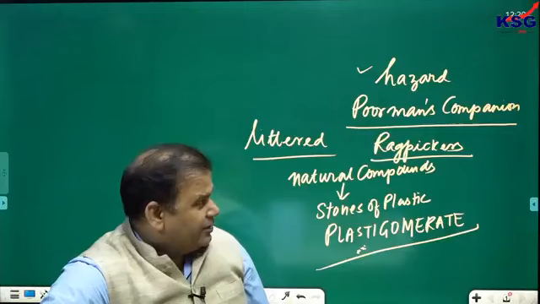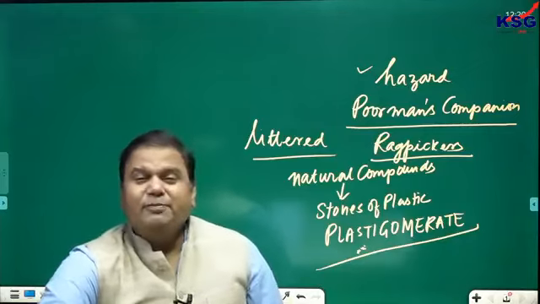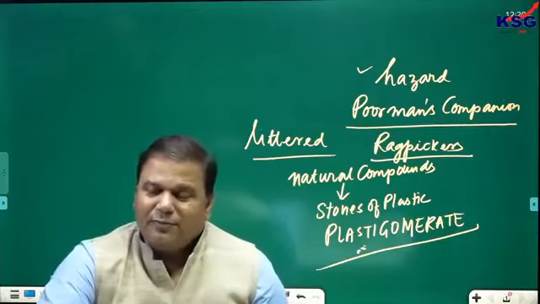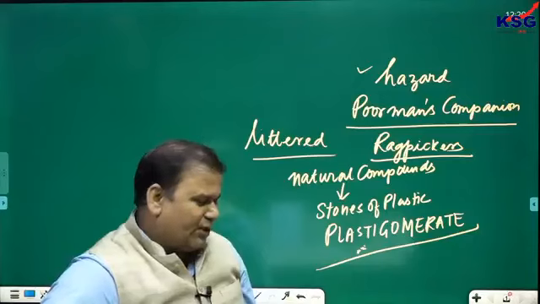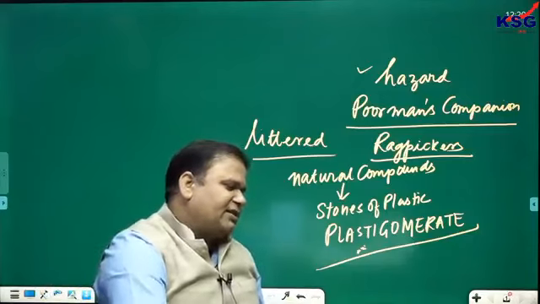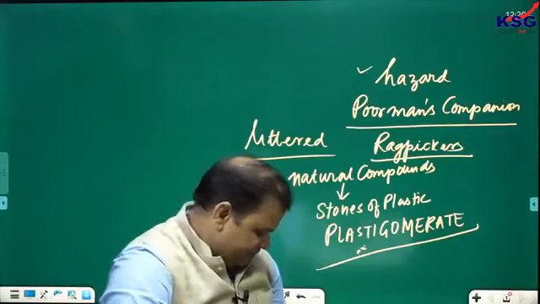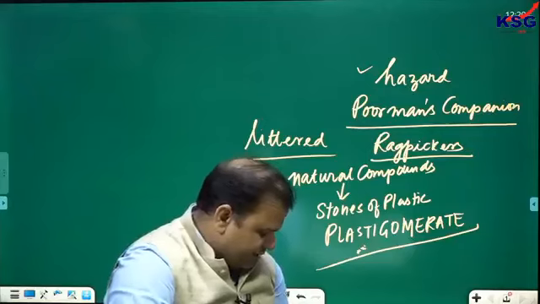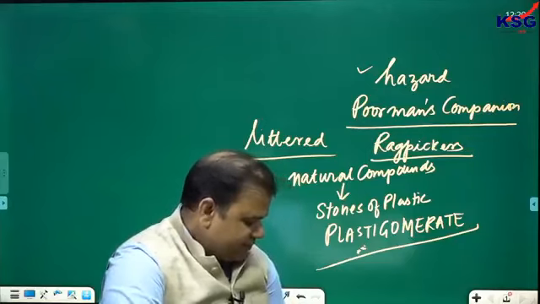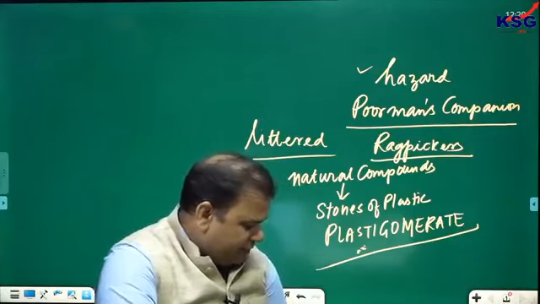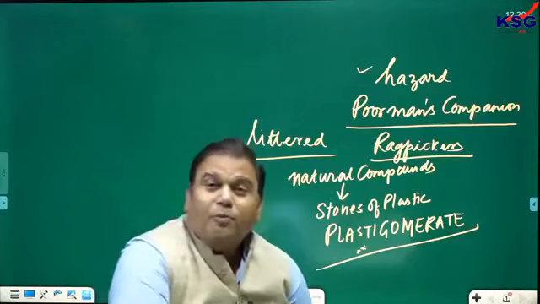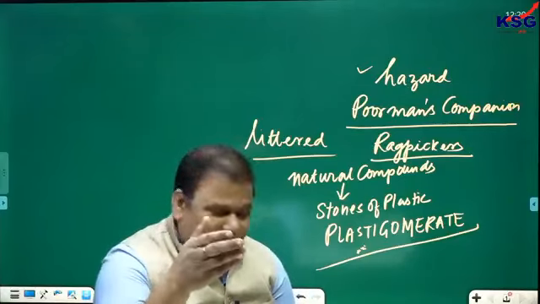Exactly. More than 70% of textiles come from plastic. And mainly from where? Mainly from polymers extracted from petrochemicals.